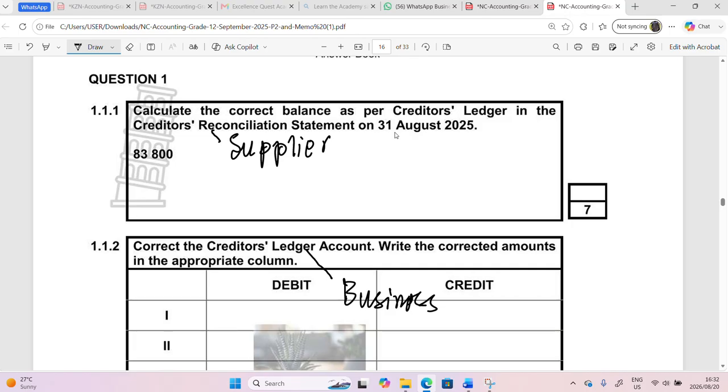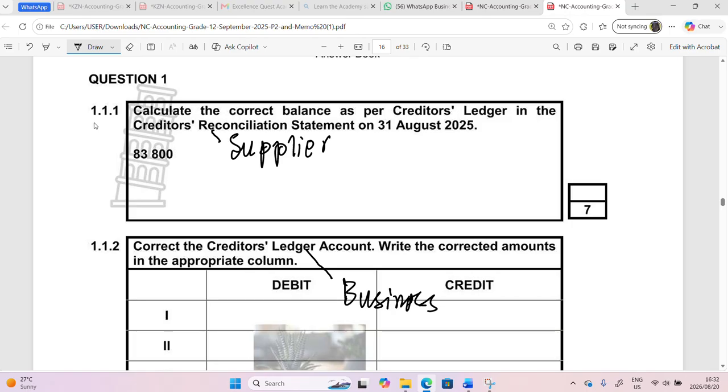We are going to have errors and omissions, mistakes and transactions that were not recorded. If the error or the omission is from the supplier side, that error or omission will affect the creditors reconciliation statement.